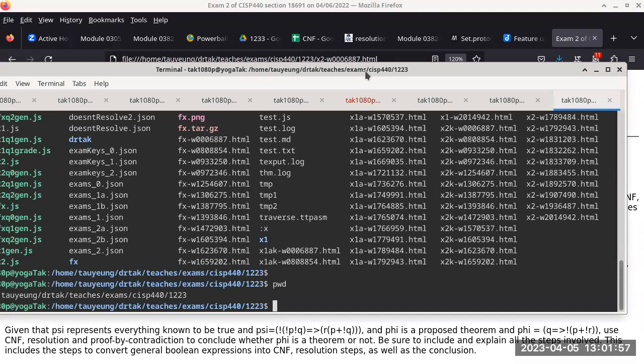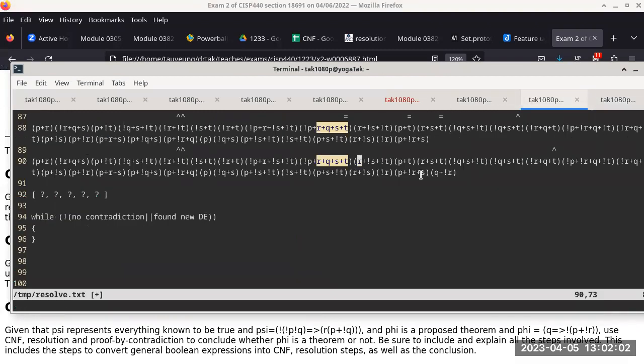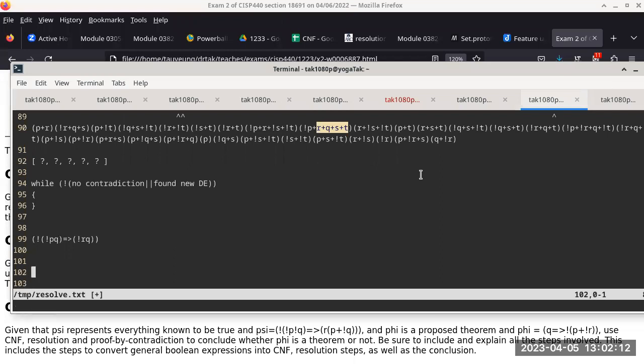All right, so I'm going to have to go back to the editor right here. This is psi, so we just have to convert it into a CNF. What is the next step? The definition of implication. Yes, so we take this implication, negate this side and turn it into an OR.